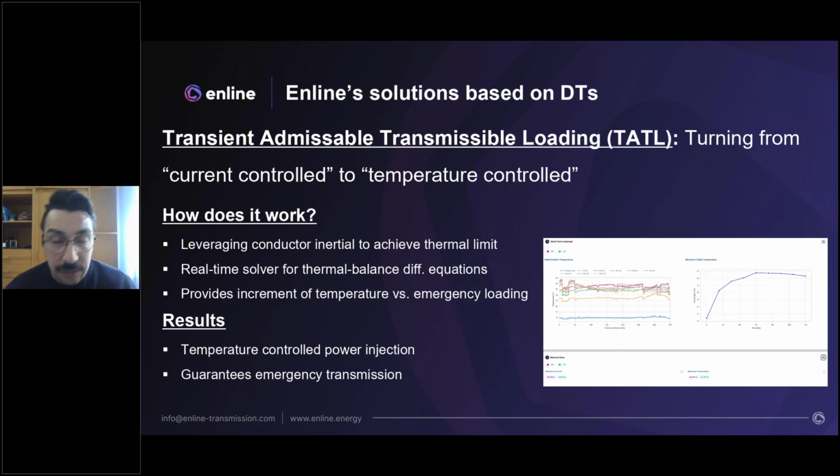Another component of this dynamic rating is another product of Enline we call Transient Admissible Transmissible Loading, or TATL. It's another way of building a digital twin with the heat model we developed. And the goal here is to turn this current control philosophy to temperature control and leverage the thermal constants we have in the transmission system to inject more power.